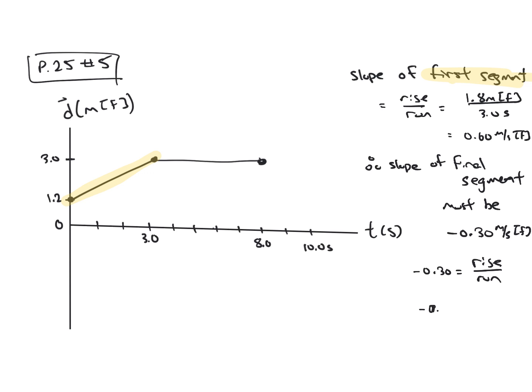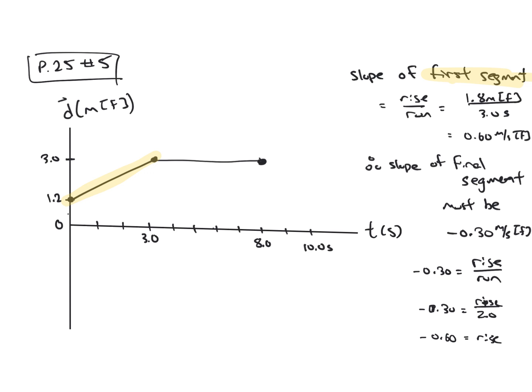But my run is 2 seconds. So what's the rise? You multiply both sides by 2, I'll get negative 0.60 as the rise.